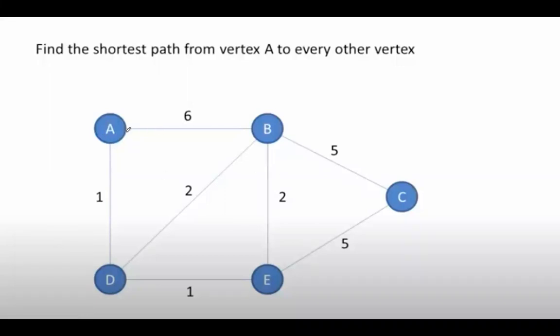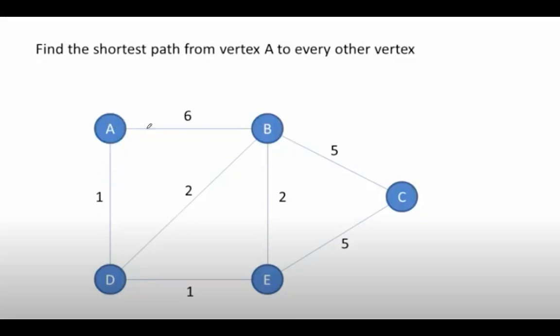A to B. See, A to B, you have a direct edge with a weight 6. Are you going to take this path A to B? But its weight is 6. So what we can do, we shall go to D, and then from D to B. If you take this path, what will be the cost? Cost will be 3.